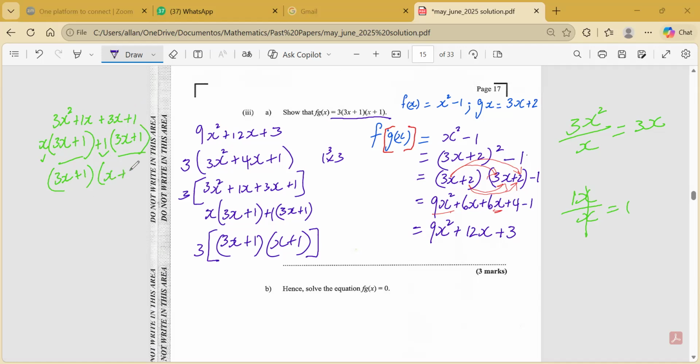X plus 1. So that's the answer. But remember, we had a 3 outside.